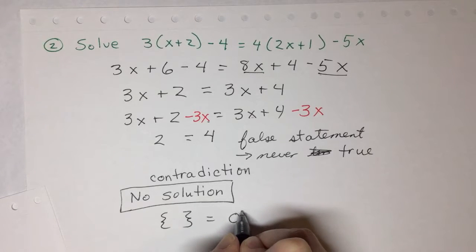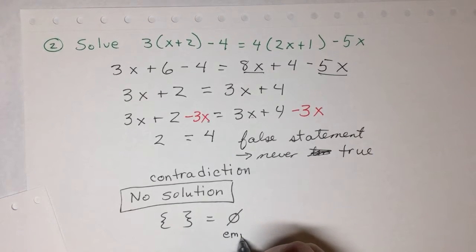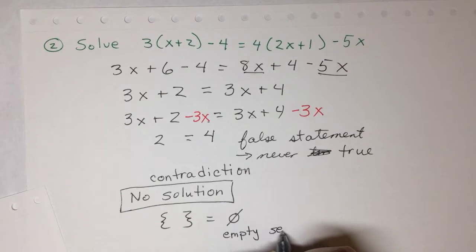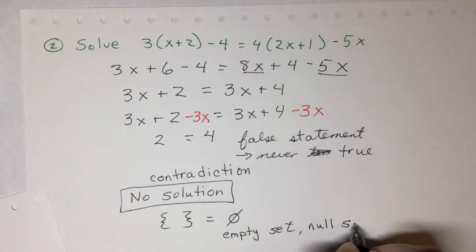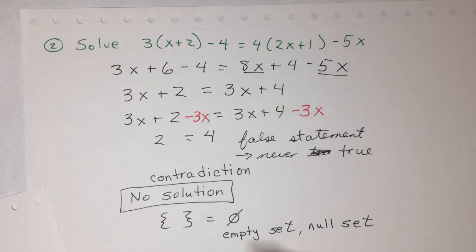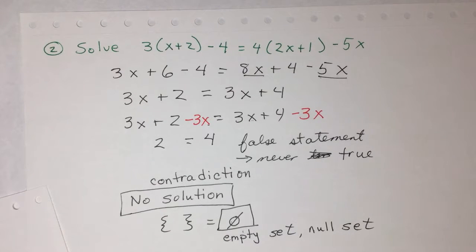We can also write that with a 0 with a slash through it, which is the empty set or the null set. And in computer courses, you'll use a slash through the 0 to distinguish a 0 from the letter O. With math, slashing the 0 means something different, the empty set.